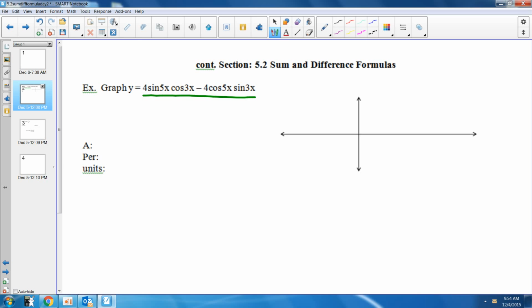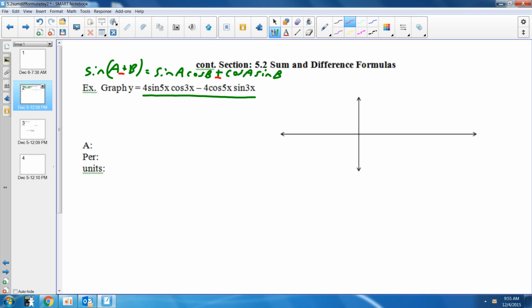So you know the pattern: sine of A plus B is equal to sine A cosine B plus cosine A sine B. And for the difference, it's minus there as well.